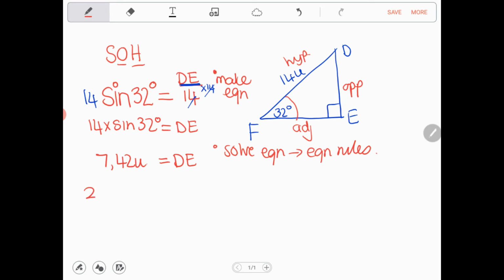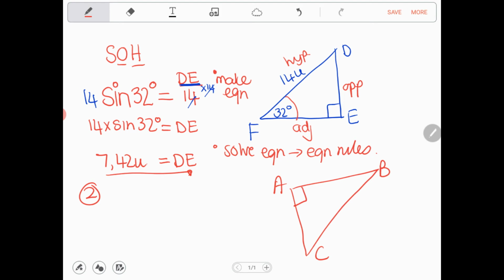All right, let's try another one, number 2. Okay, so here's another right angle triangle. Sorry, that's a very bad right angle triangle. All right, let's call this one ABC. We're going to make angle A the 90-degree angle.